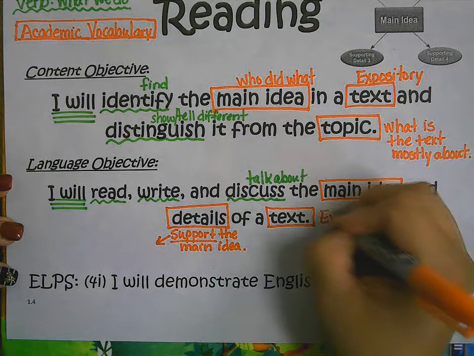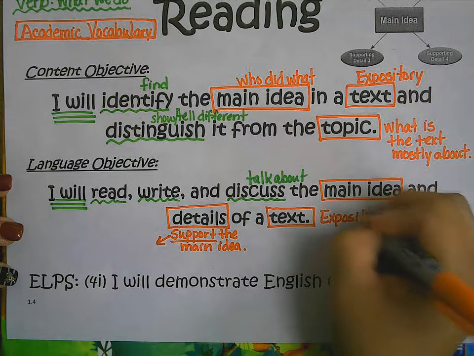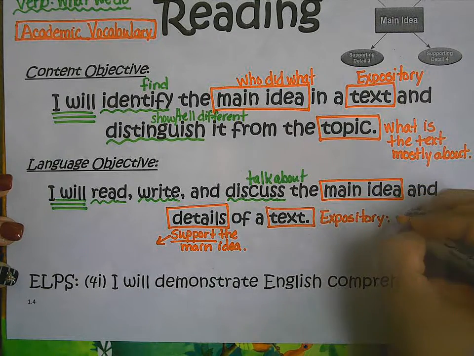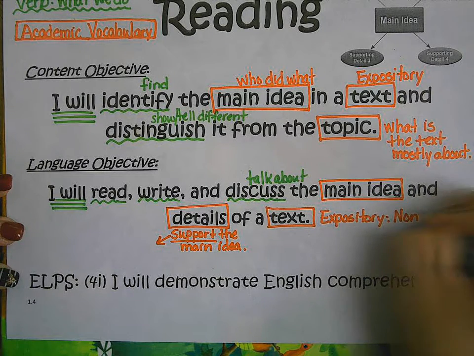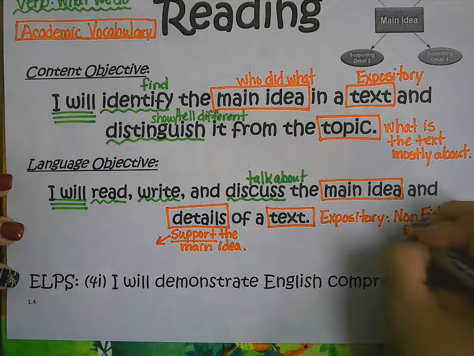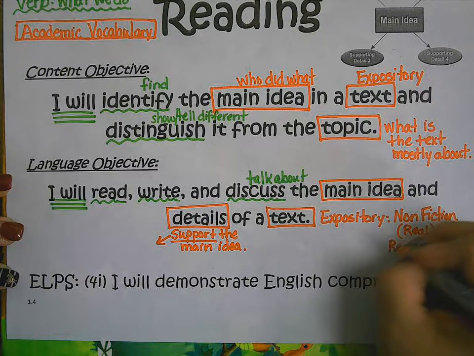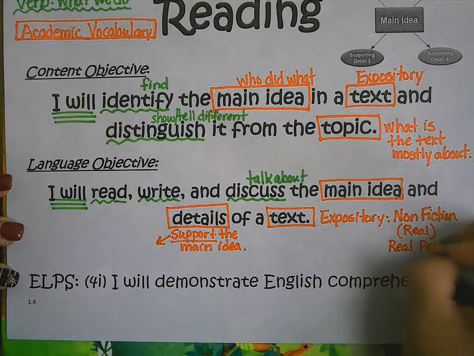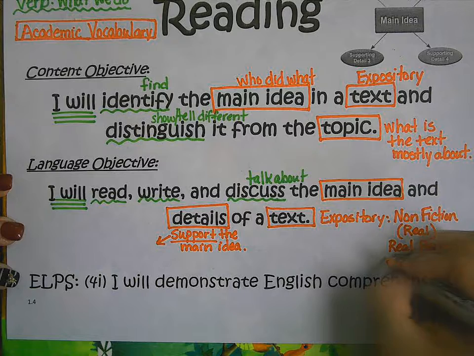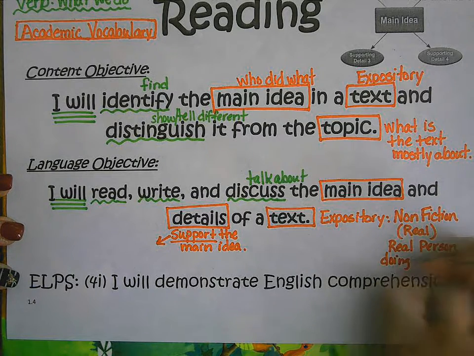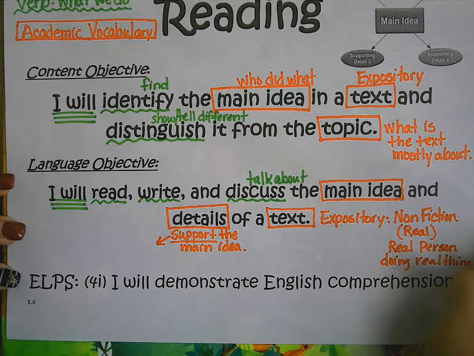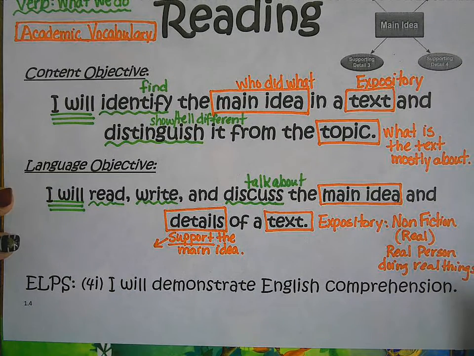Does anybody remember? It is, first off, it is nonfiction. Just so you know, that means it's real. It has a real person doing real things. Does anybody have any questions about that?